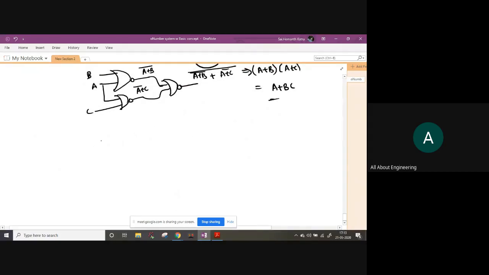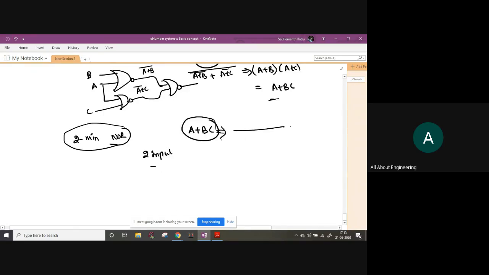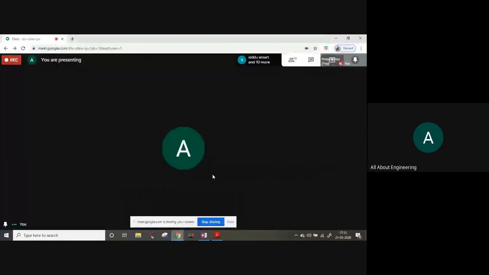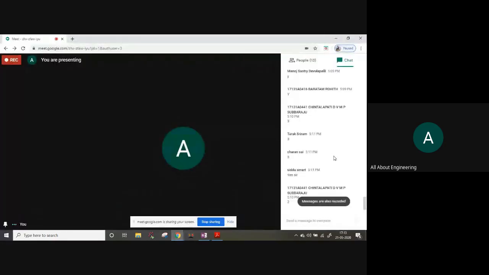If there is no constraint like 2 input NOR gates, then what is the least number of gates required to implement this A plus BC? You try this also. If there is no constraint, how many 2 input gates are required to implement this design? What will be your answer? Yeah, 2.